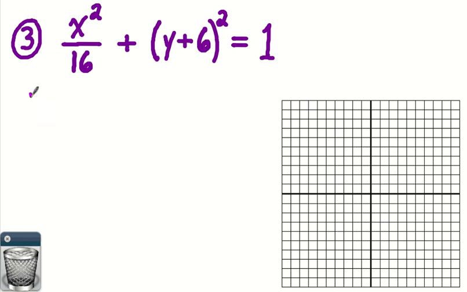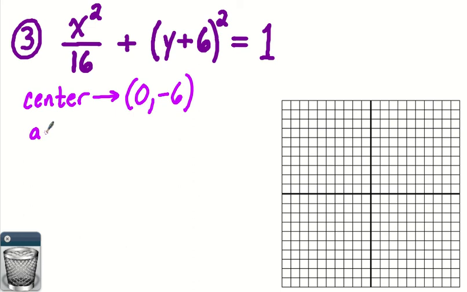It does. So what would be our center? What's my h? Isn't it technically 0, because that's like x minus 0. And then what's my k? Looks like my k is -6. So 0, -6.